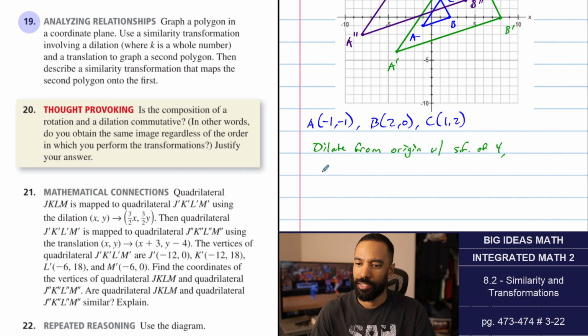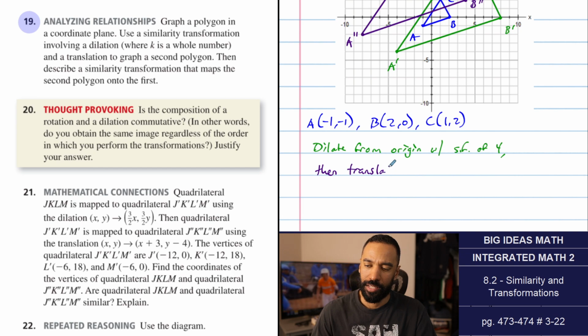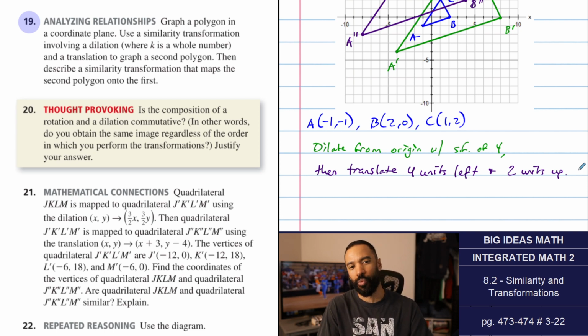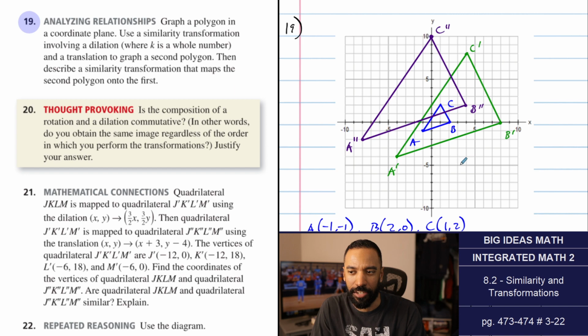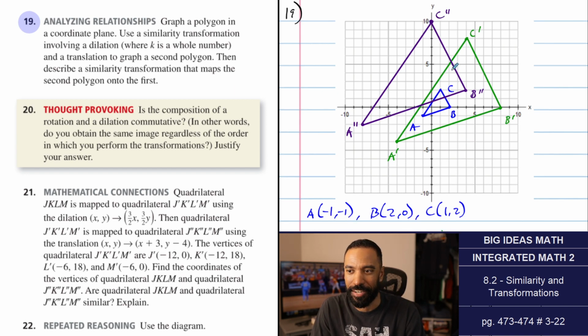And then I translated 4 units left and 2 units up. Now, they also have those rule things, right? I could have done the (x, y) to all that kind of stuff, and I didn't really do that.